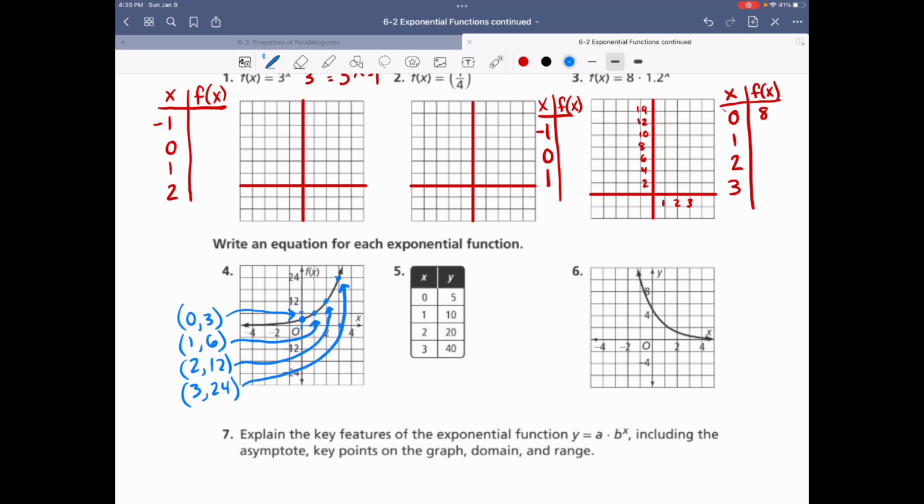You don't have to draw these arrows, I'm just showing you where these points came from. And then you have an initial amount and you can figure out what the f of x equals: the initial amount times the rate of change to the x. And similar on the other problems, you have a table that you can figure that out from. This looks like 5. This one's a little tricky.